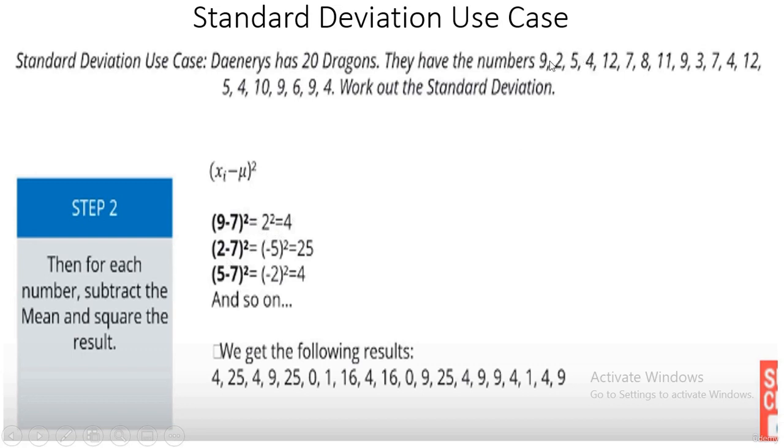Similarly, for the second, 2 minus 7, where 7 is the mean value, whole square, that is minus 5 whole square, equal to 25. Similarly 4 and so on. So we get the following results in step 2. What we are doing is, for each number, subtracting the mean and squaring the result.